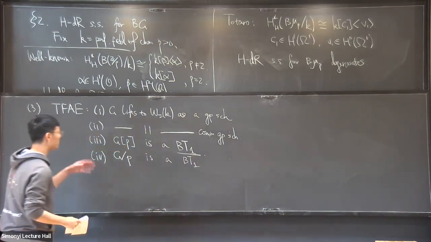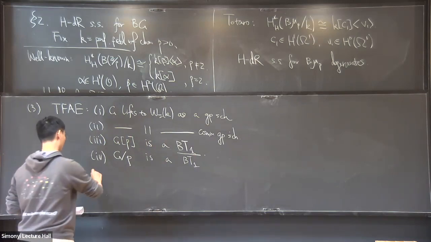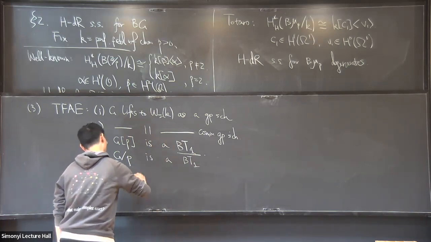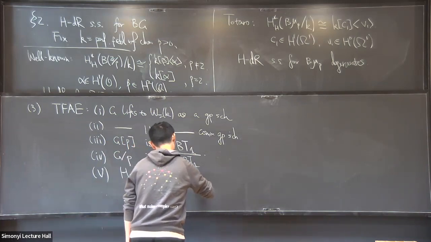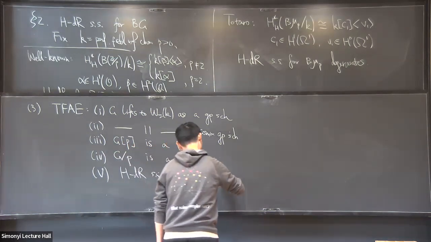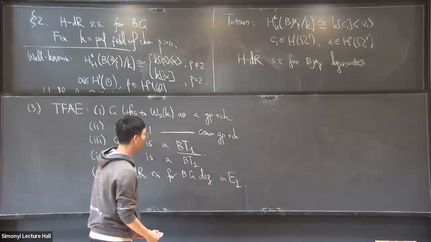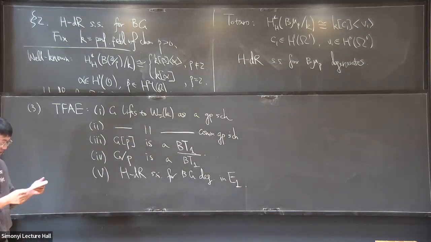It says that maybe G mod p will be a BP1, and then the fifth condition is just that this Hodge to de Rham spectral sequence for BG degenerates in the first page. So it's in E1. All right. So this is the first main theorem.